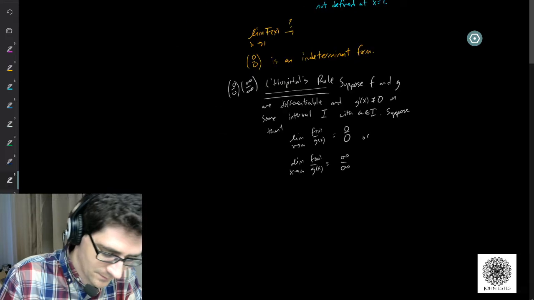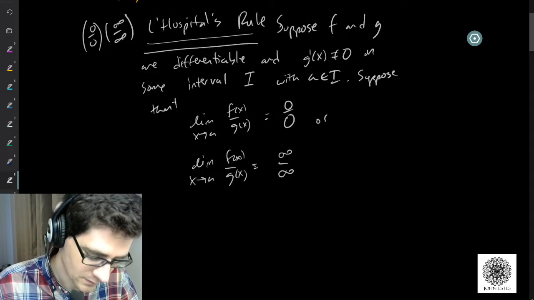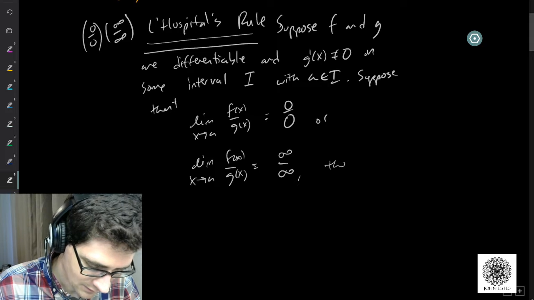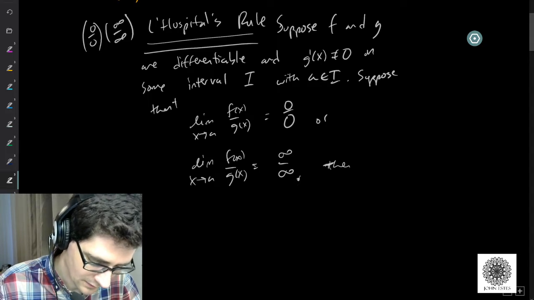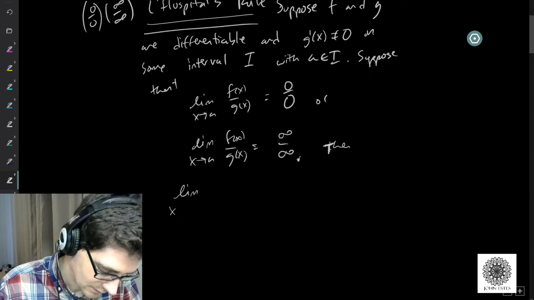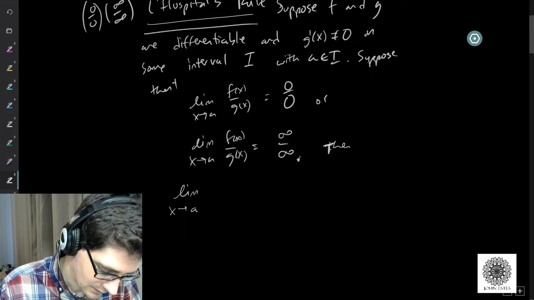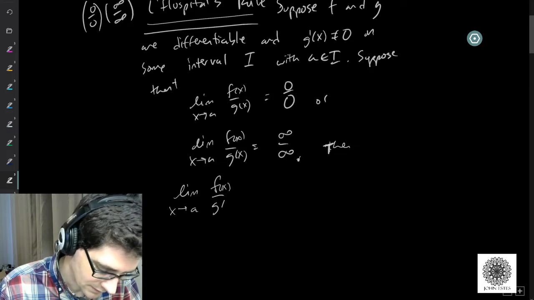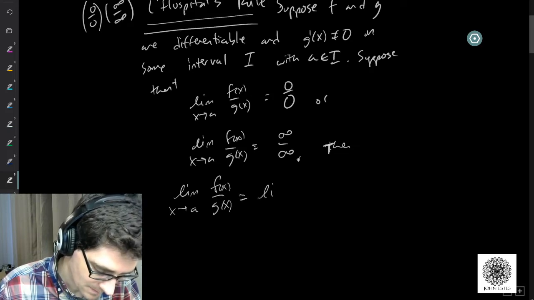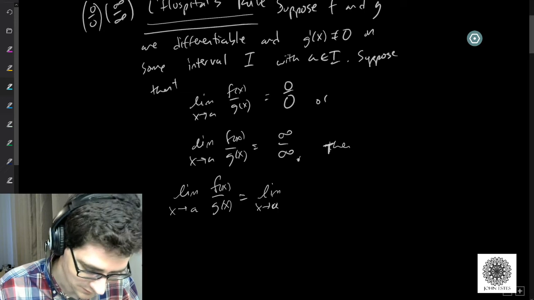Here's what's weird. Alright, so we have suppose all that. Then we can say, period, capital T, then the limit as x approaches a, I wrote infinity here, but I meant a, of f of x over g of x is the same as the limit as x approaches a of, and this is exactly what Cal 1 students want to do a lot.